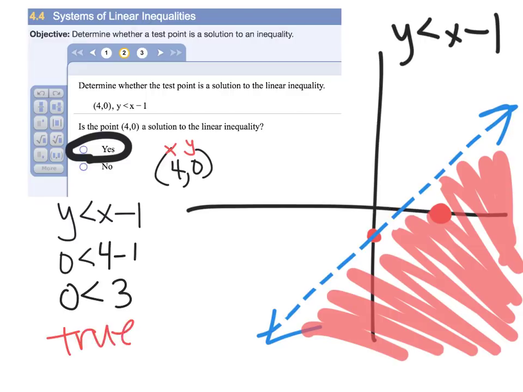Since 4 comma 0 is true, that means you shade it, and everything on the other side of the line is false and stays unshaded.